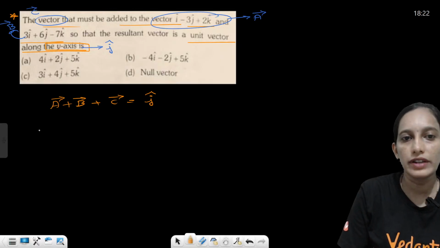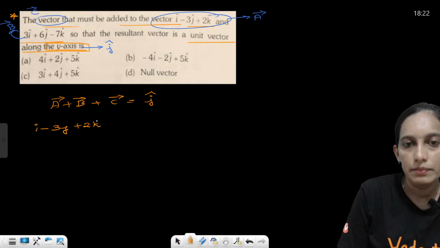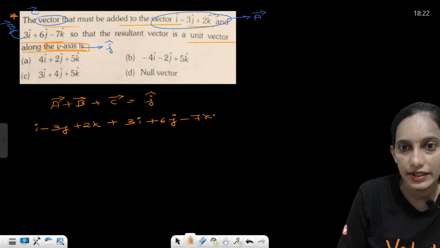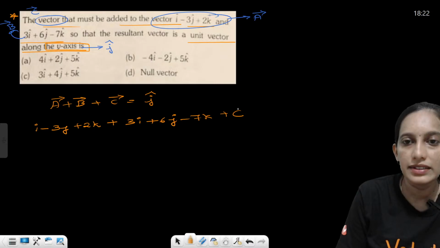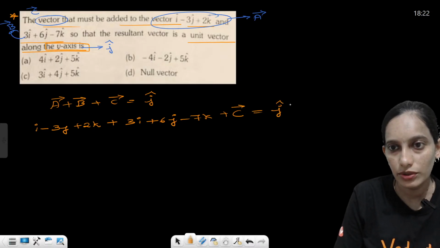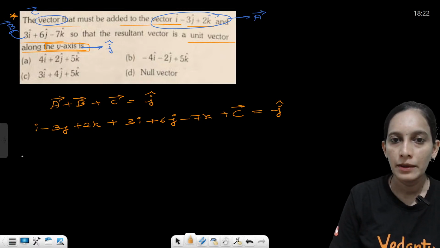So a vector is i minus 3j plus 2k, plus b vector, which is 3i plus 6j minus 7k, plus some c vector which we are supposed to find out, should be equal to j cap. Now simplify this quickly.